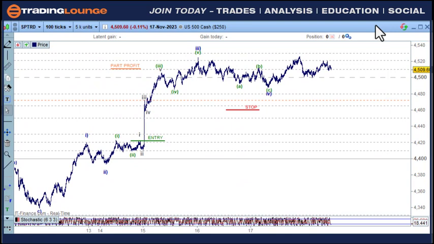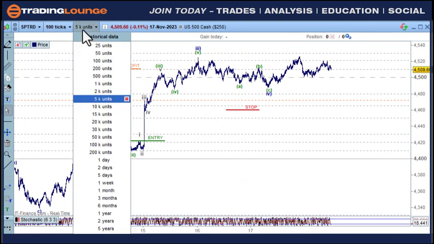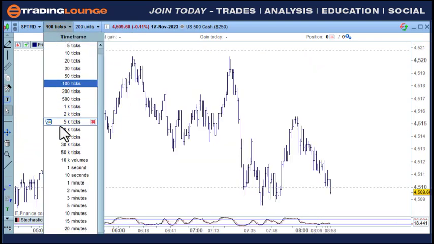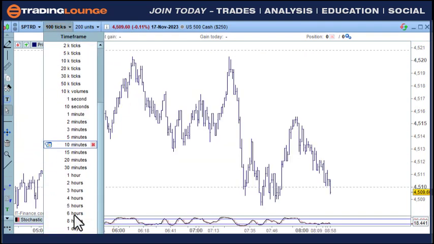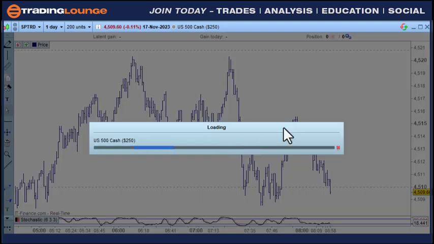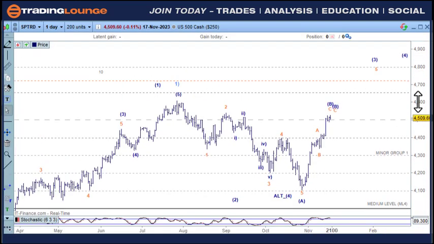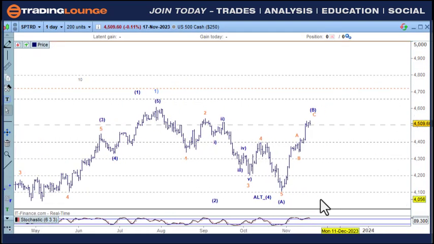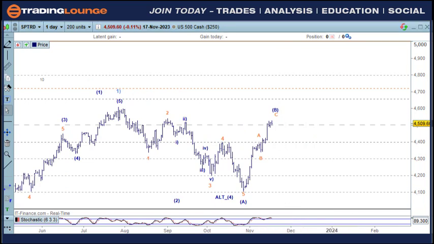So if we look at the S&P here for a moment, come off this and go into a daily chart, the S&P may make a new high, but I'm just talking about things. So basically what we've got here is 1, 2, 3, 4 here, so we're still looking for a move up here.